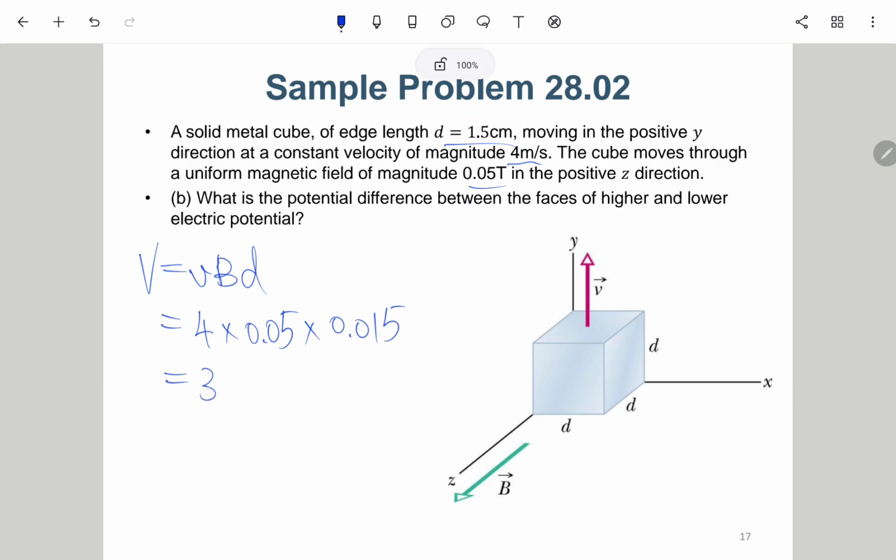The answer will be 3 millivolts, which is not a large potential difference, but it is actually measurable using a voltmeter.